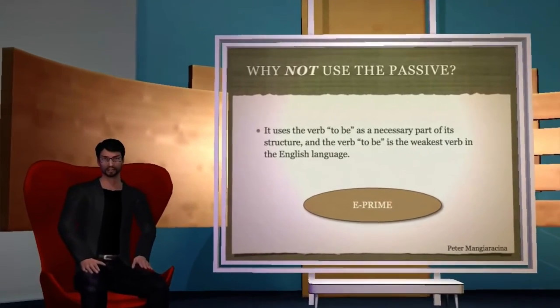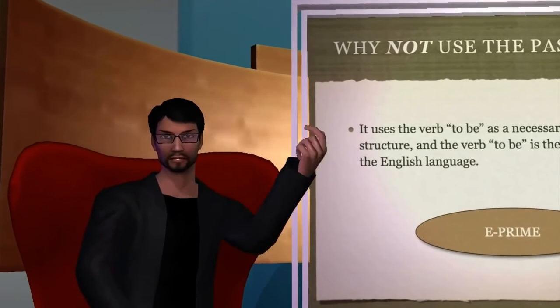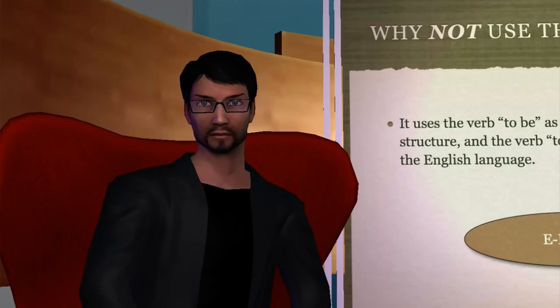There is no energy, no action, no excitement in the verb to be, and it should therefore be avoided like the plague if you want to keep a reader's interest. As an interesting note to this, there's a literary movement called E-prime. The authors of books using E-prime avoid the use of the verb to be completely.